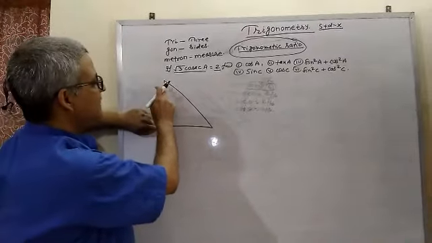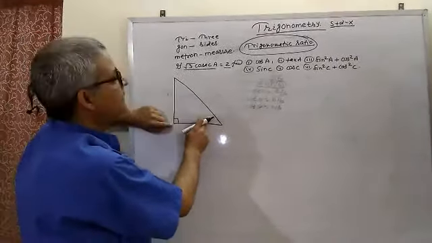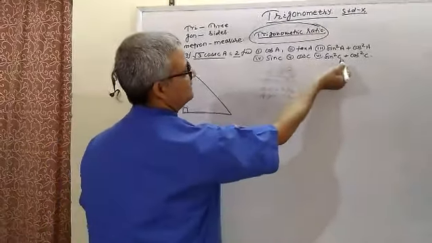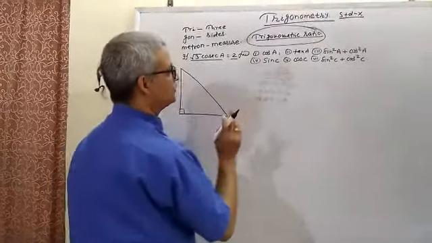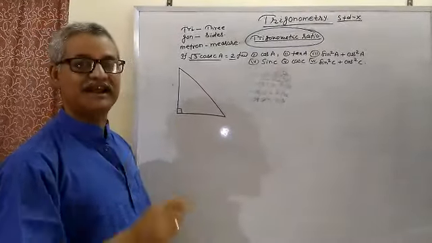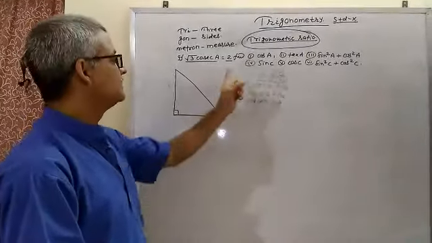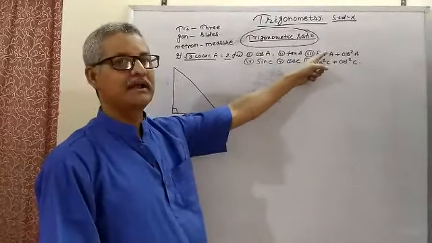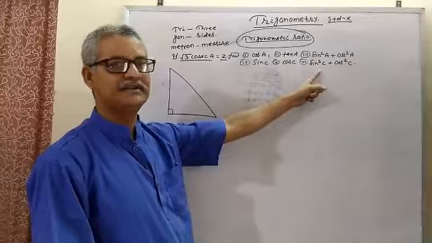So either this angle or this angle. Second thing, here it is asking about C also, sin C cos C, so angle C is also related. It means A and C are our reference angles. In some questions angle A is the reference angle, and in a few questions angle C is the reference angle.